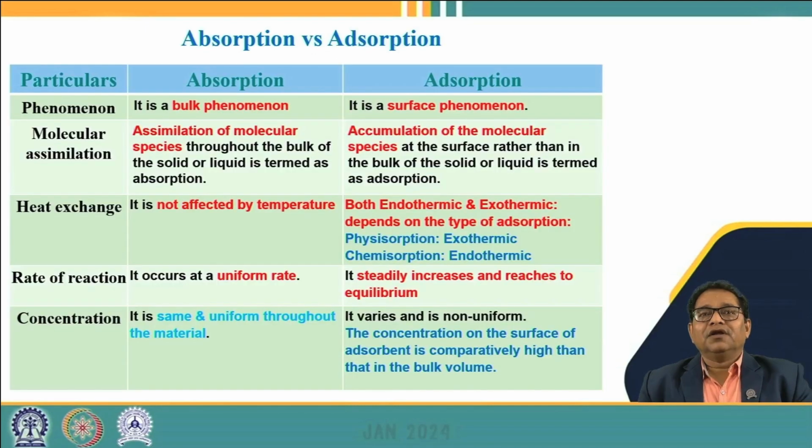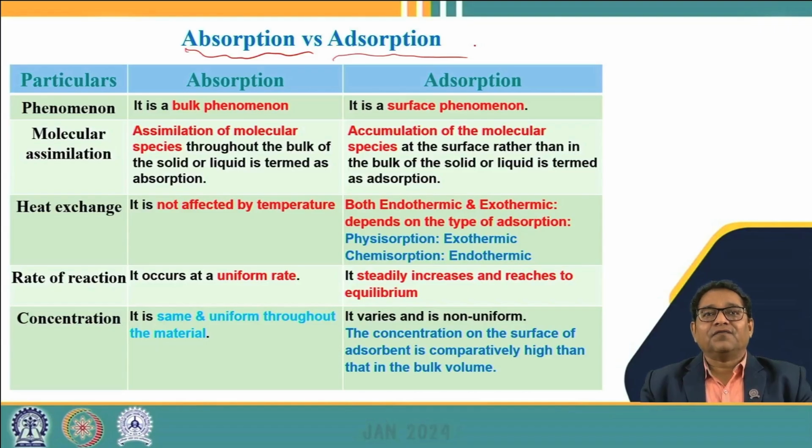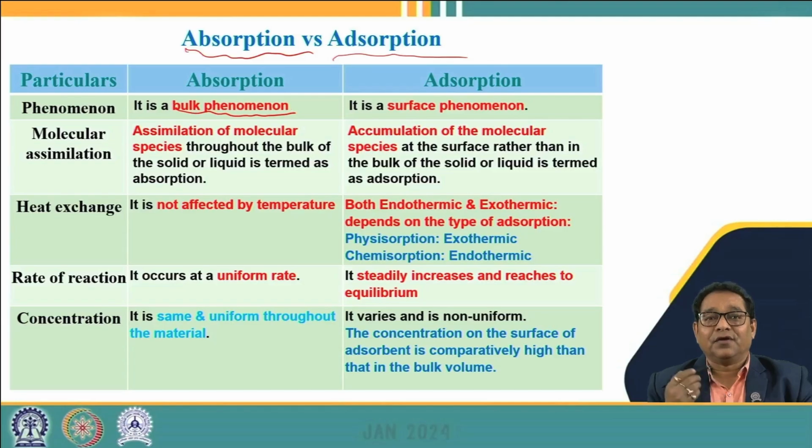Let us discuss the basic difference between absorption and adsorption, the two terms we use to describe the process of separation of molecules or pollutant from one phase to another phase. So absorption is basically a bulk phenomenon where the pollutant from the bulk phase of liquid gets transferred to another phase of solid, gas or liquid, depending upon the type of absorbent we use.